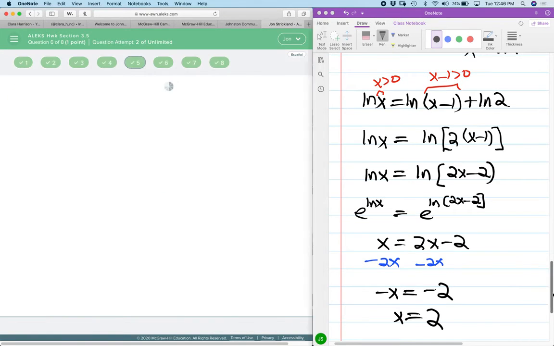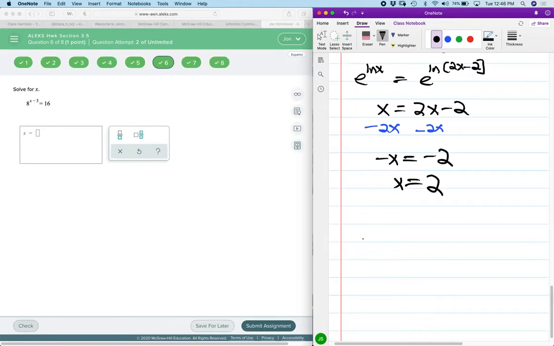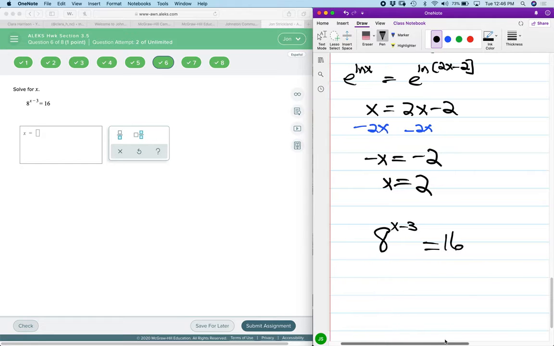Now, for number 6, here we have an exponential equation that will share a common base. Here we have 8 to the x minus 3 is equal to 16. We're going to have a common base of 2.